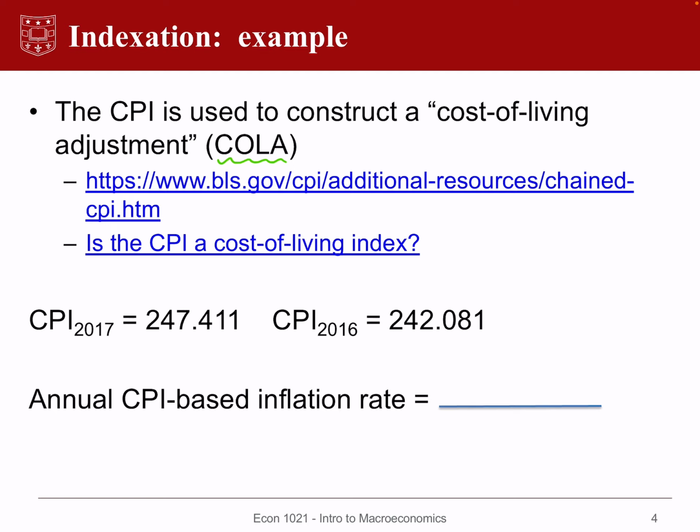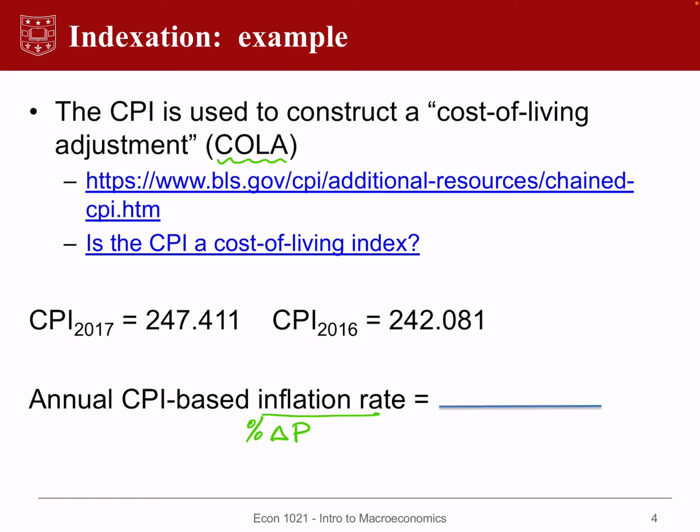So you would have calculated the rate of inflation by looking at the growth rate of the consumer price index. The inflation rate, again, is just the percentage change in the average price level. And in this case, our measure of the average price level is the consumer price index.